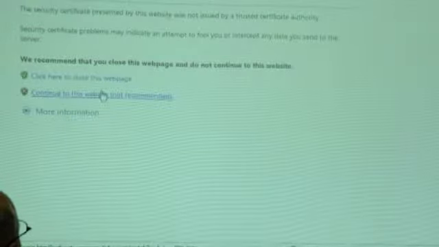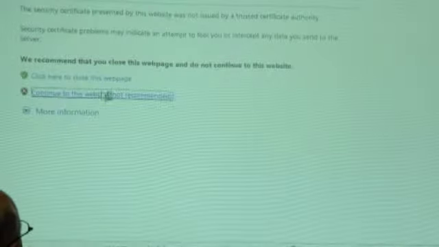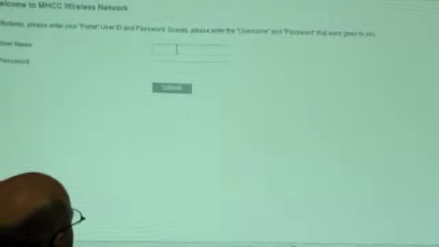Continue to the website. Where do you see it says not recommended? Right here? Yes. Don't do it. Unbelievable. Use the username and password that were given to you. That is so too bad. Here, just a second. Okay. I'll enter mine. I'm a doctor.